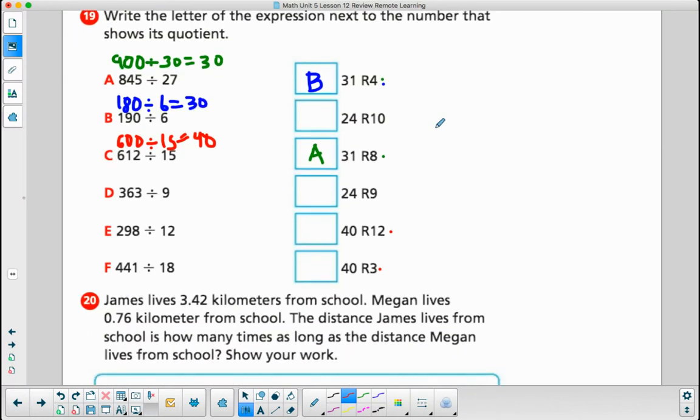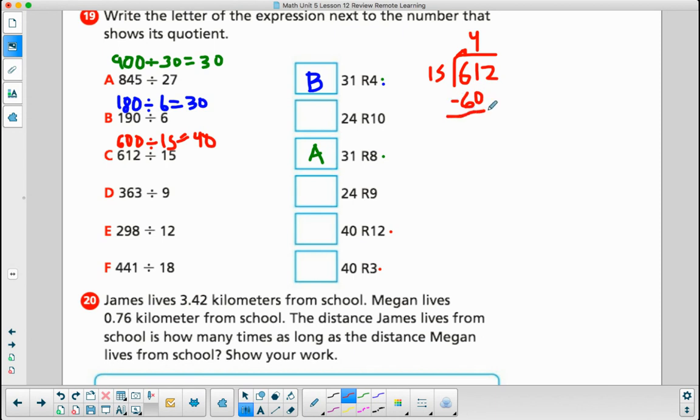Whoops, sorry about that. 612 divided by 15. Again, there's no 15s in 6, but there's 4 15s in 61. 4 15s is a basic fact of 60.